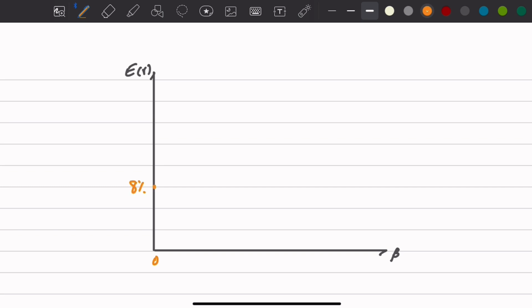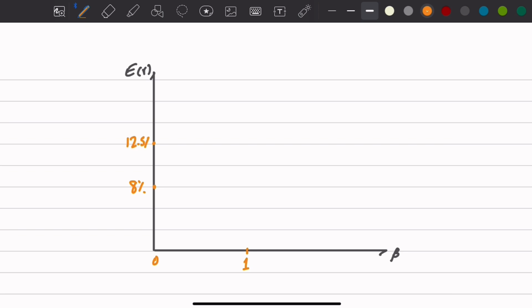So let's set it up right about here. And then for beta equals 1, let's assume it's right here. The expected return on the market is going to be around 12.5%, so I'll add it somewhere around here.